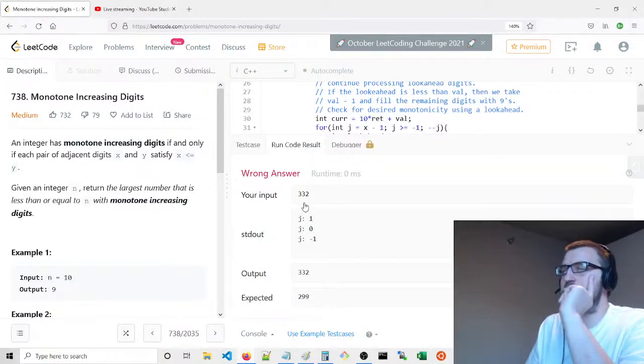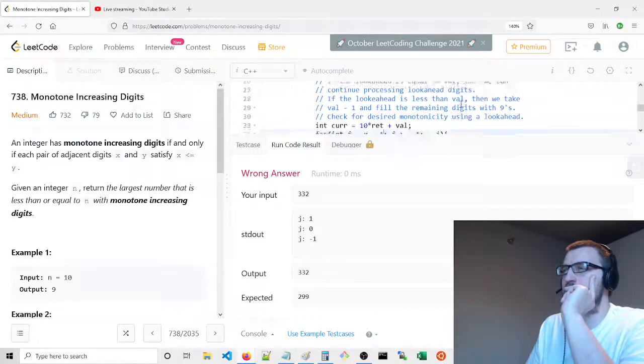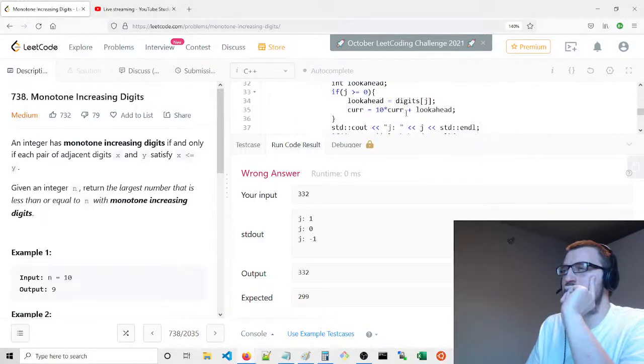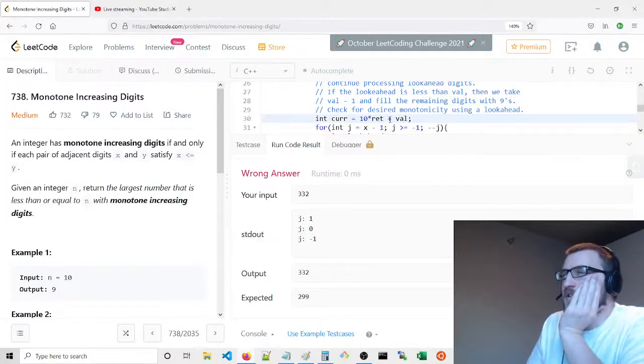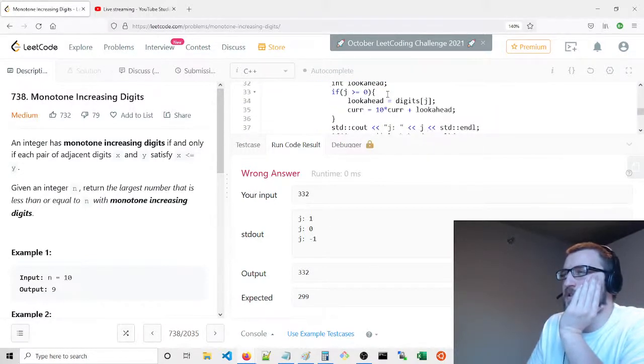-1, 0, -1. Okay, so it starts off at 1, current is 3, look ahead is 3, current becomes 33.